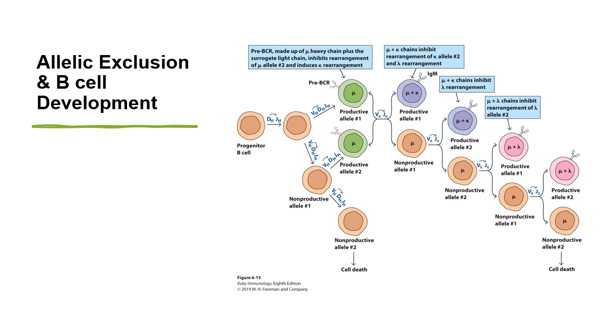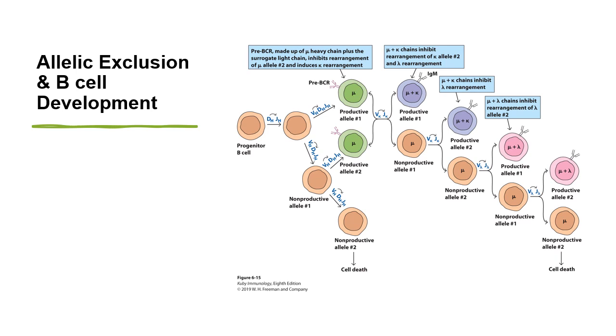If this is eventually successful or still unsuccessful, then it will switch over and try light chain lambda recombination on both of those 2 alleles. And if none of those 4 possibilities are correct, then eventually it dies by neglect again. So that's this whole basic diagram.